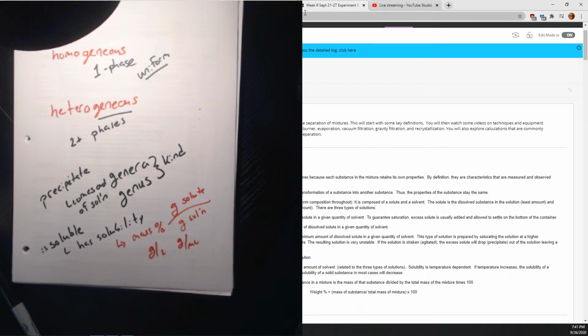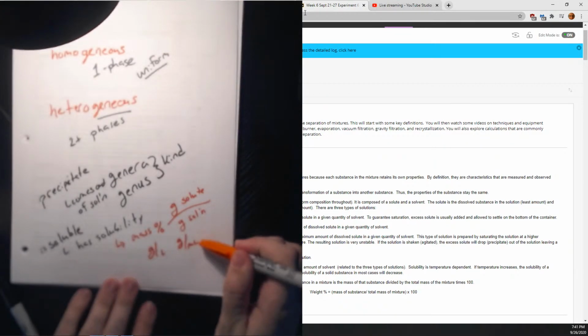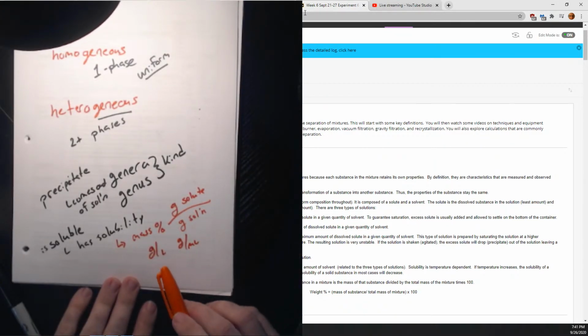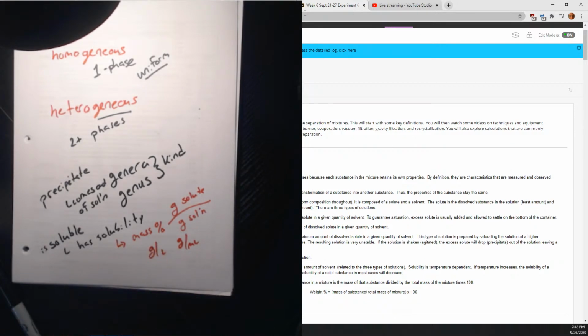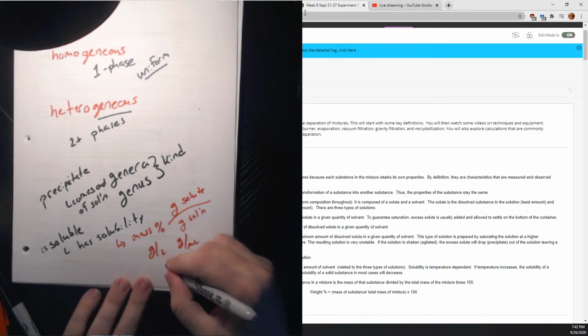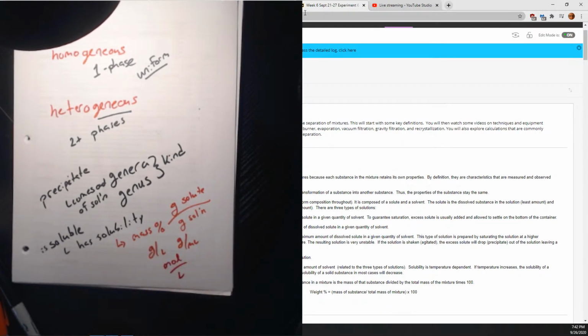If it's very soluble, you can get a lot of mass in a small amount of solution. If it is not very soluble, you might only be able to get a small amount of mass in a large amount of solution. In that case, you'd be measuring how much you've added divided by the total volume of your solution, rather than the mass. And finally, we also talk about moles per volume.